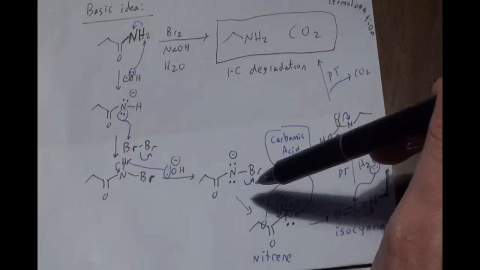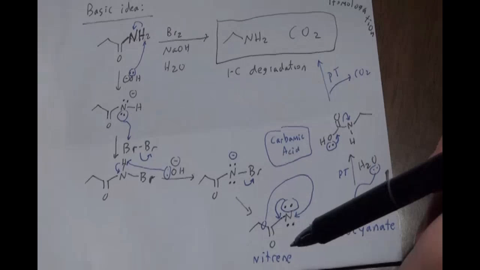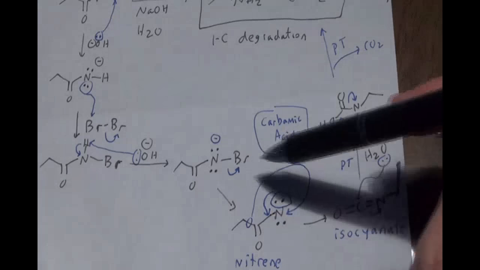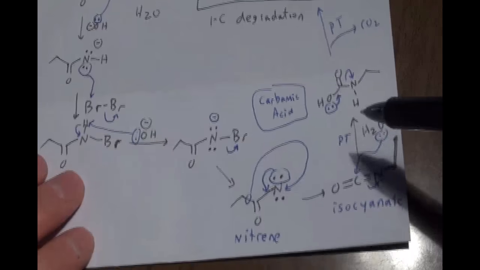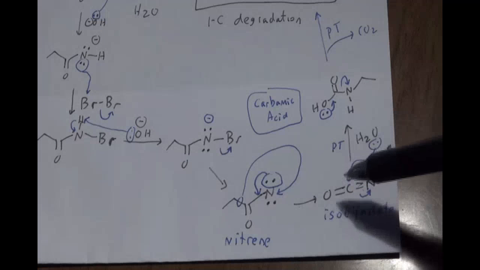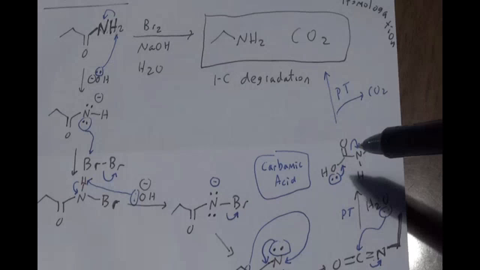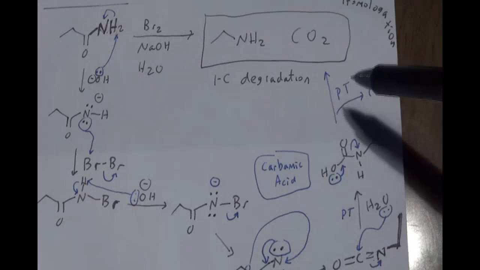As a mechanism, I think it's easier to follow if you do it as a couple steps. Loss of leaving group, rearrangement of nitrene, and then you have the isocyanate, and then the water attacks it, and then carbamic acid degrades to lose CO2.